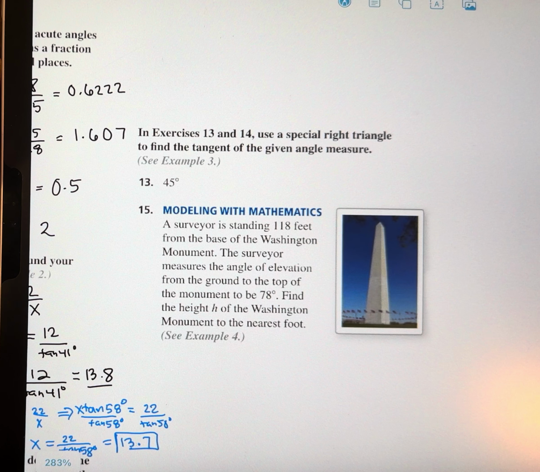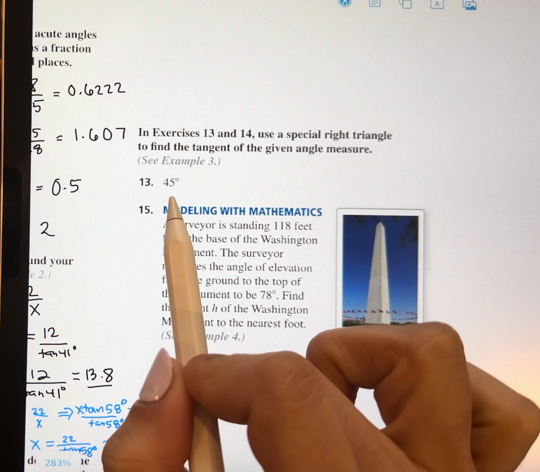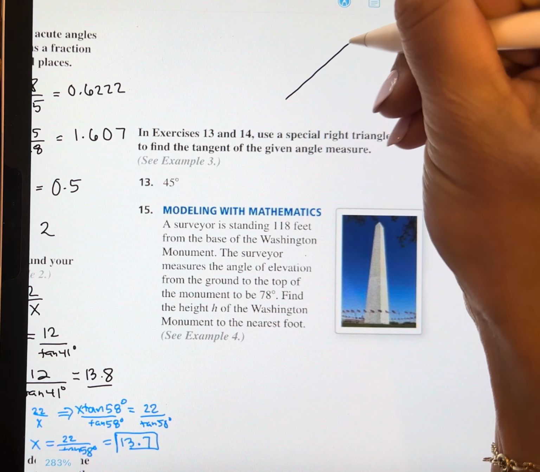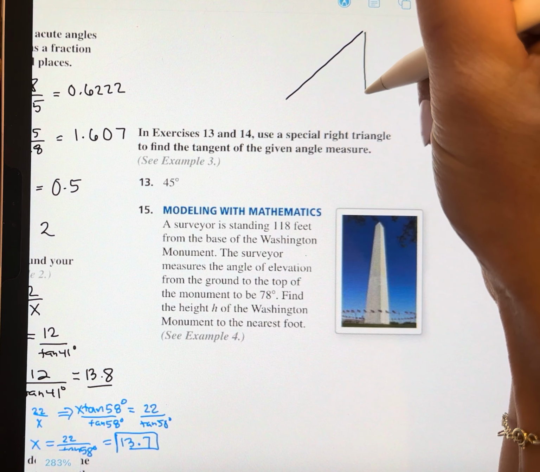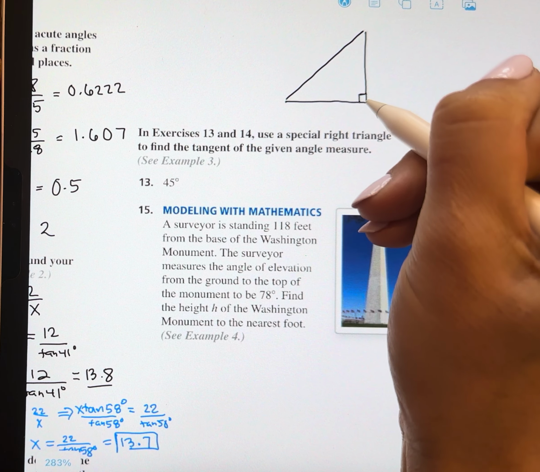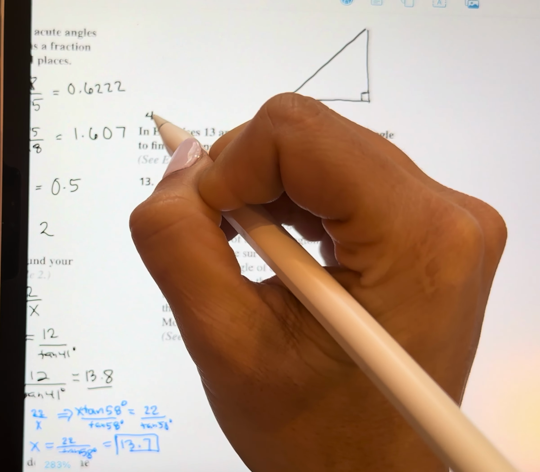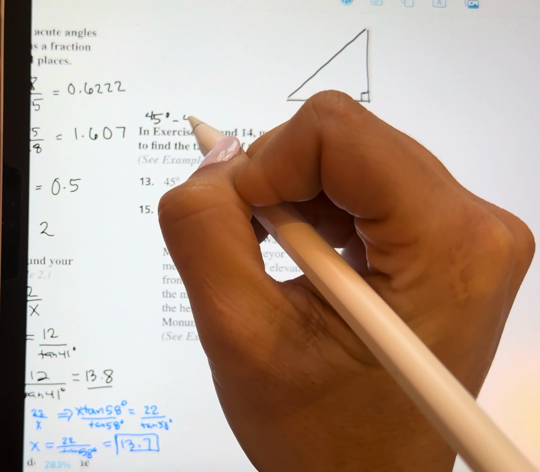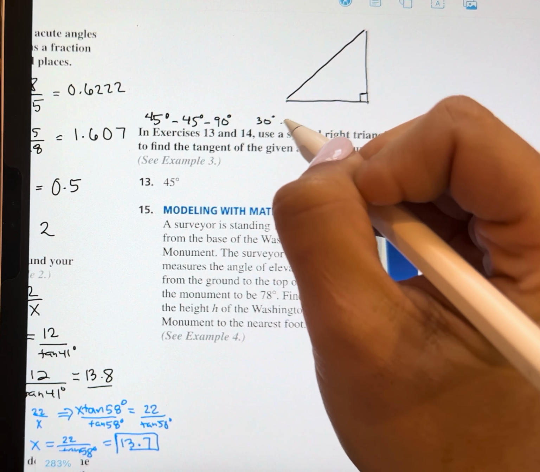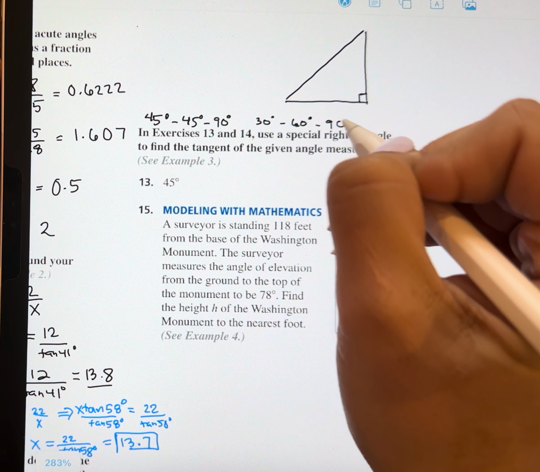And now here we are. They want to use special right triangle to find the tangent of 45. So let's look at our special right triangle. There were two special right triangles, you guys. There was the 45, 45, 90, and there was the 30, 60, 90.